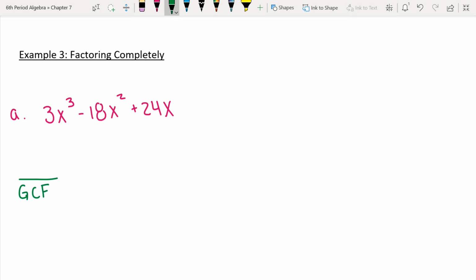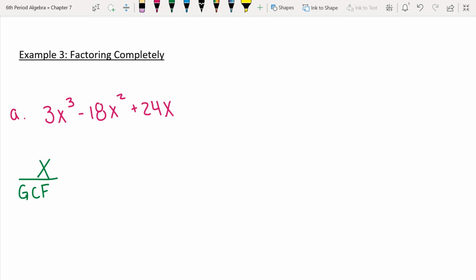I notice that all 3 terms have a variable, meaning a variable is going to be part of my GCF. The variable they have in common is x, and it's just going to be a normal x because you look at the exponent of the smallest variable, and that's just this normal x right here. Technically it has an exponent of 1.